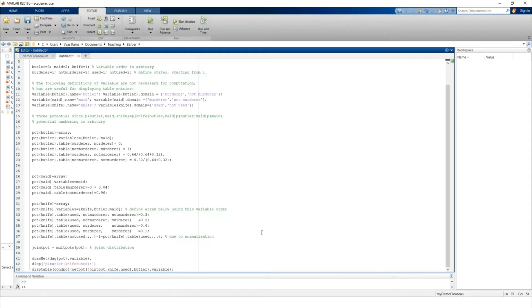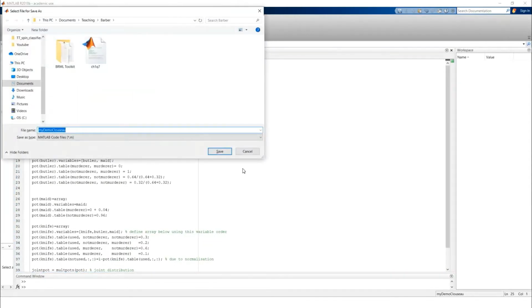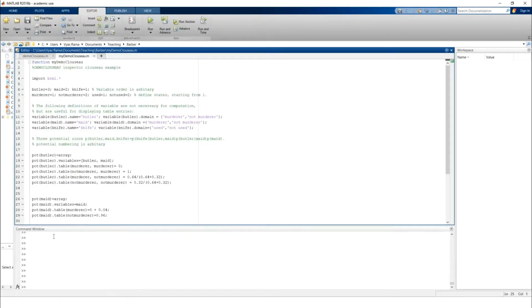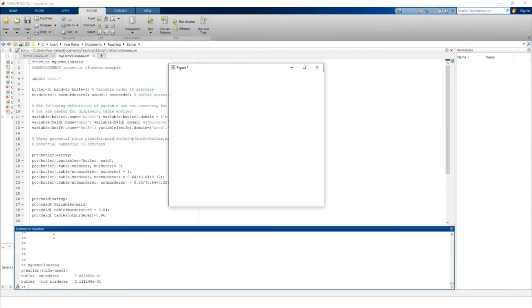Okay, so to verify that the answer we had got earlier, which was 0.787, being the probability of the butler being the murderer given that the knife is used, we can verify that by running this program. So first thing we need to do is save this. I'm going to save this as my demo Clouseau. And now I'm going to run it. I simply type my demo, I can just tab that to complete, demo Clouseau, and run.